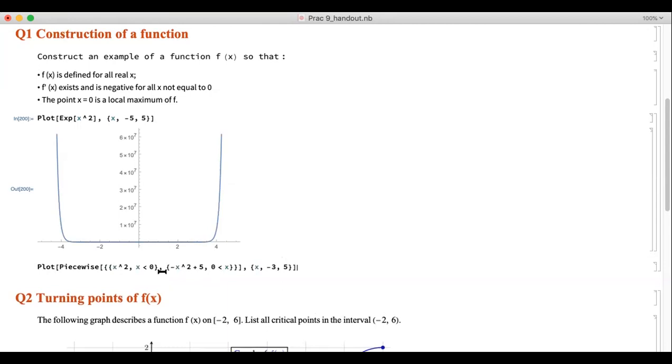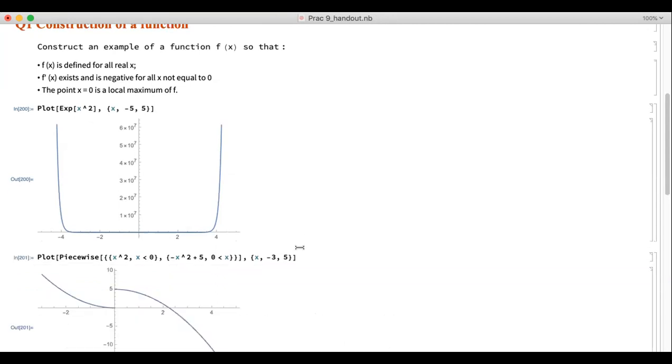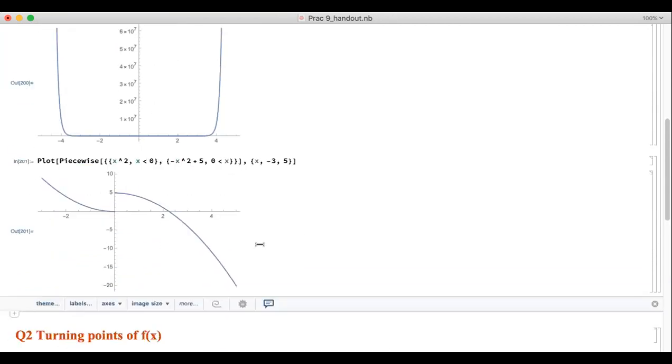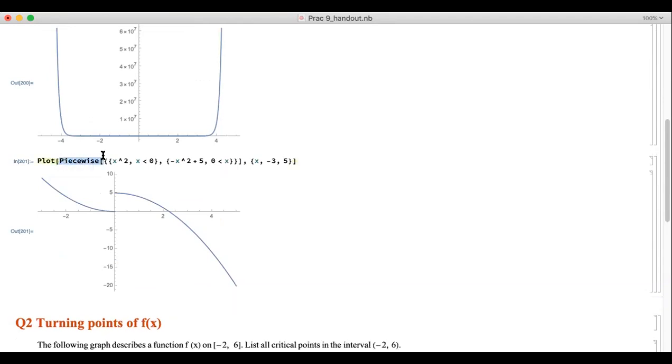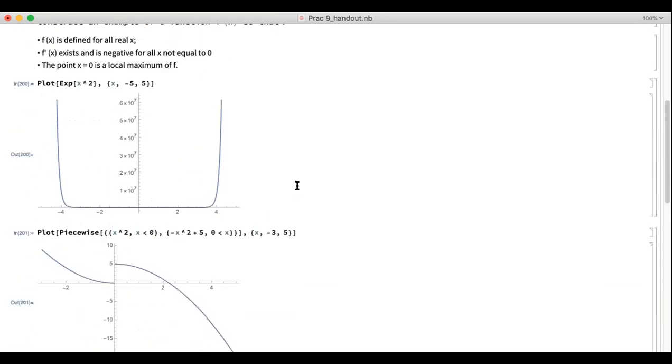This is a piecewise function where when x is less than 0, it's x squared, and when x is bigger than 0, it's minus x squared. So this is just a demonstration to show that you can use a piecewise function in Mathematica to plot. But that's still not a good example to satisfy the criteria.